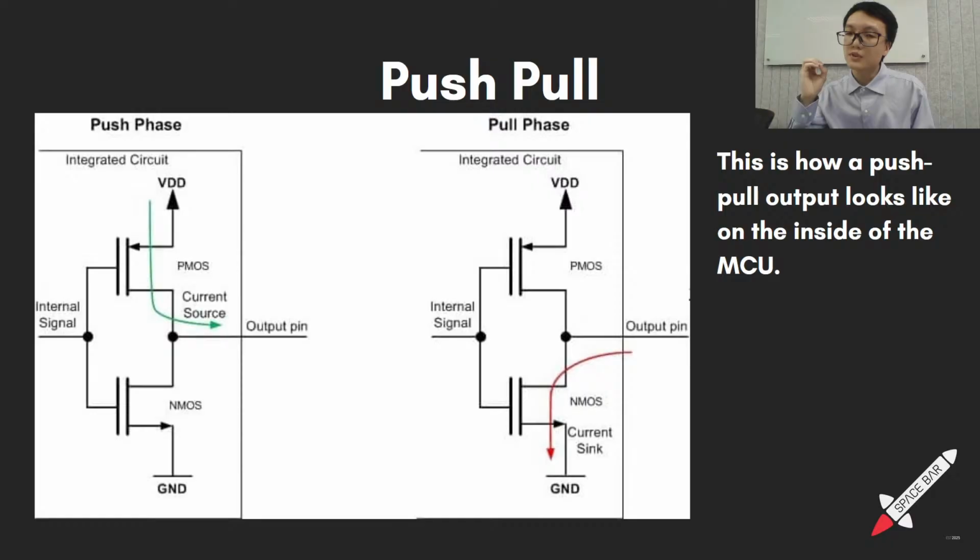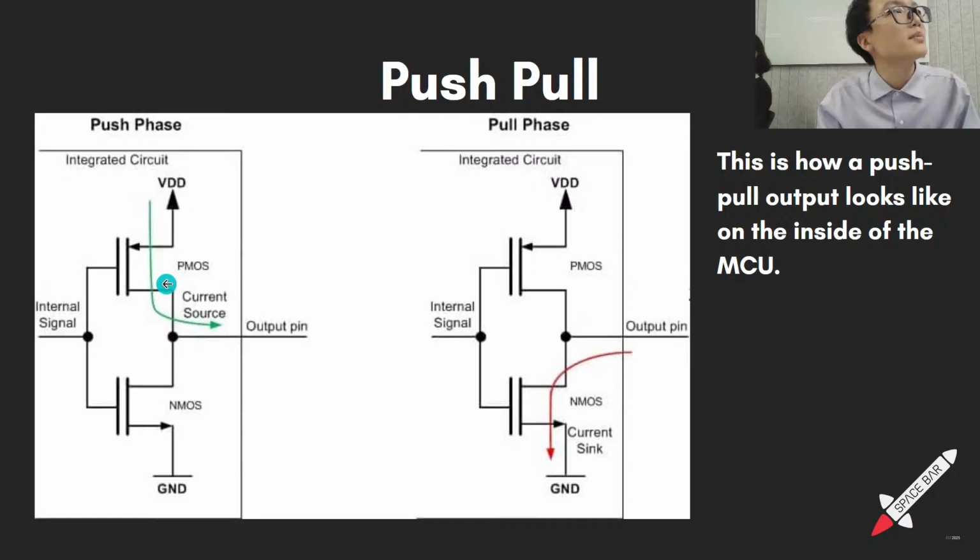So when this transistor is on, current will flow through here, and because this has a small resistance, the voltage across this will be small. So that means this output will be put high. The output will basically be VDD, which is basically 3.3 volts.